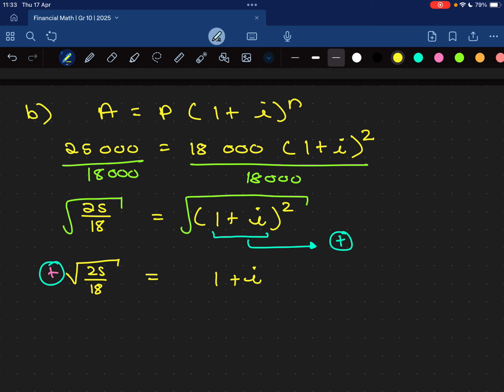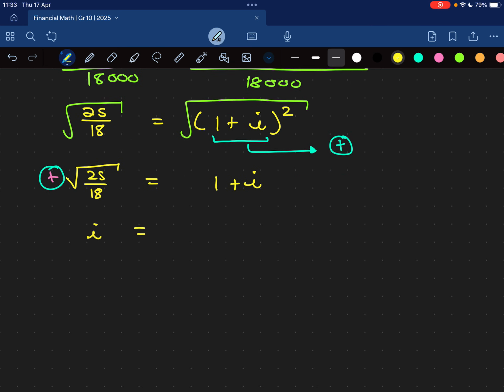So then technically the interest is going to be the root of 25 over 18 minus 1. You can put that in your calculator and you should get an answer. So the root of 25 over 18 minus 1 gets you to 0.1785, and it continues.